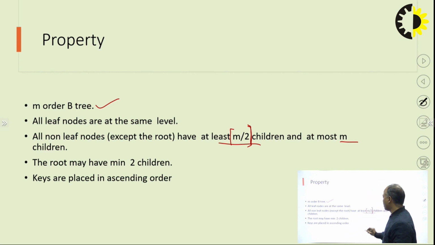And when we talk about the root node, the root may have a minimum of 2 children, and the maximum value depends upon m. Another important property is based on how keys are placed. Keys are placed in ascending order in a particular node.